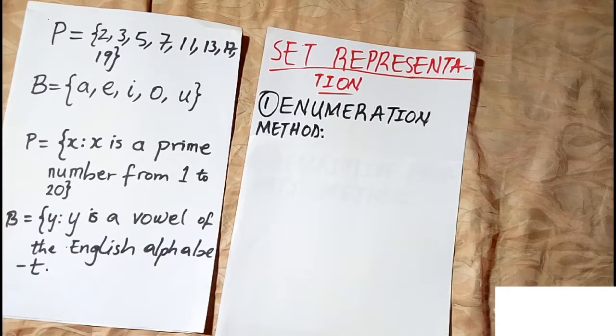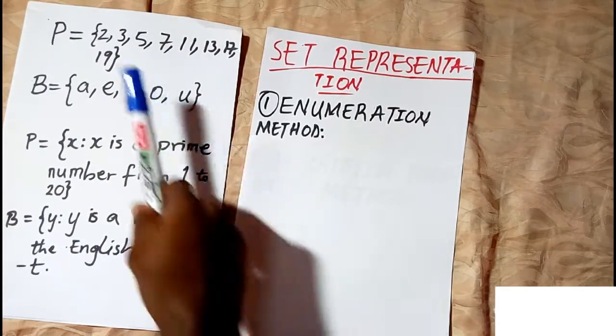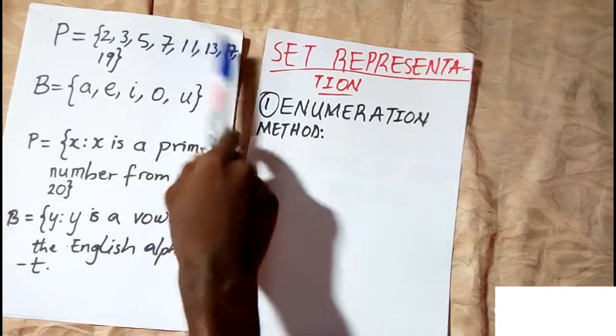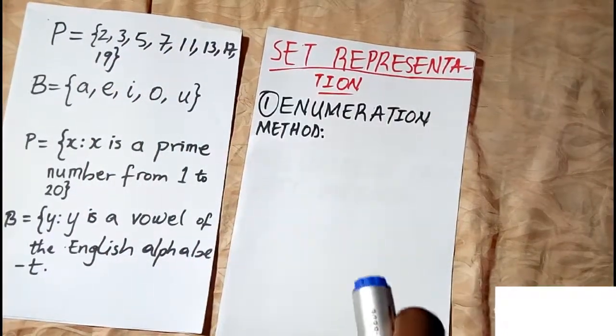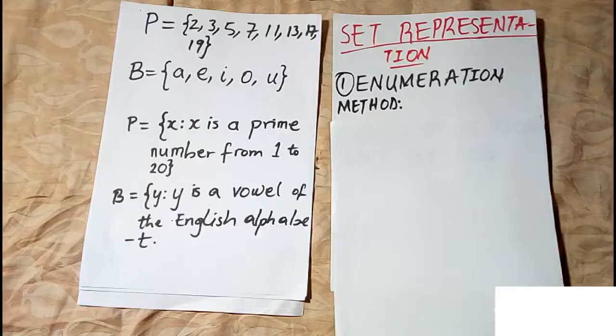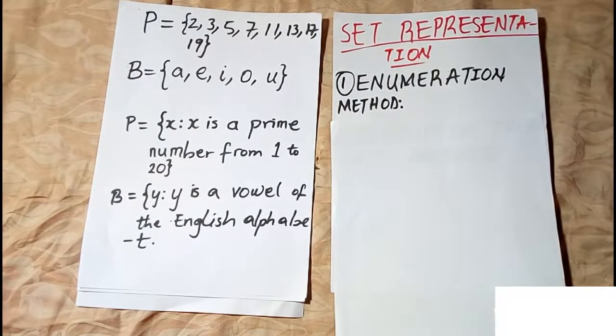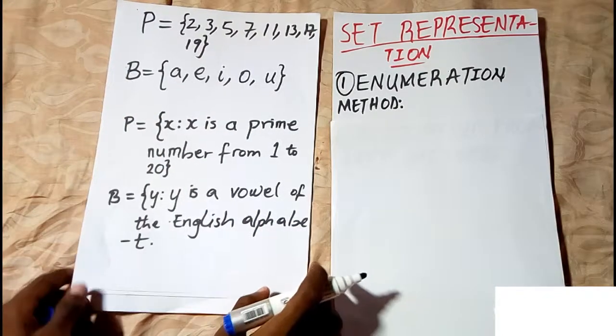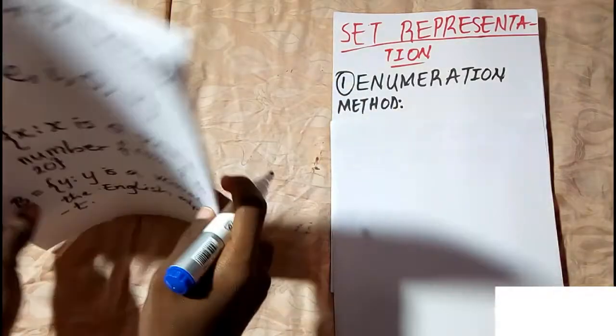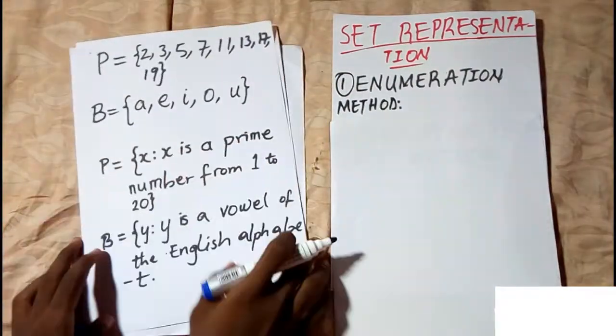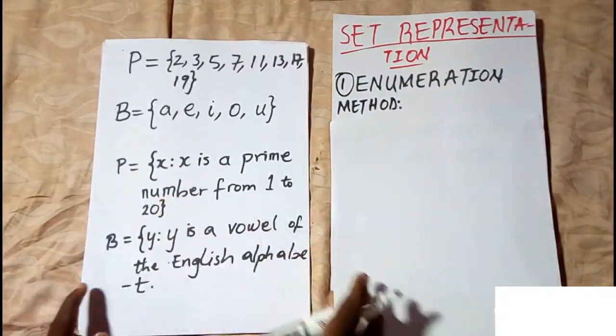Like we have 1, 2, 3, 4, 5, 6, 7, 8. We have 8 members of this set, and they are all listed out. These are prime numbers, now listed. So we say enumeration is about listing the members of the set.